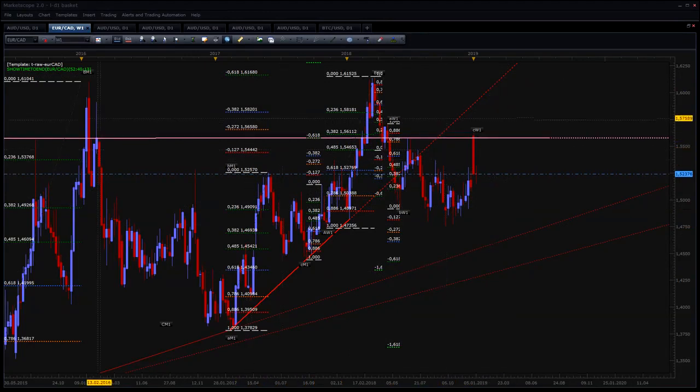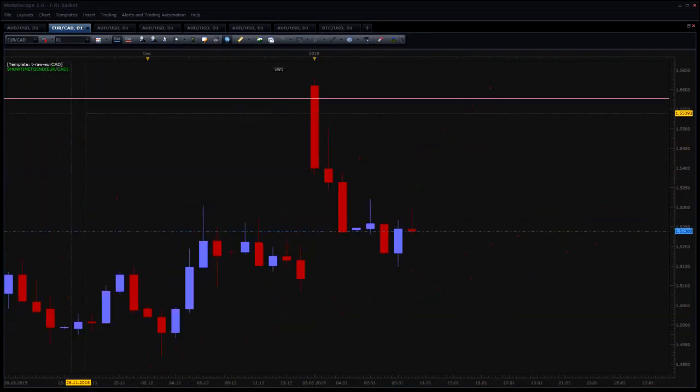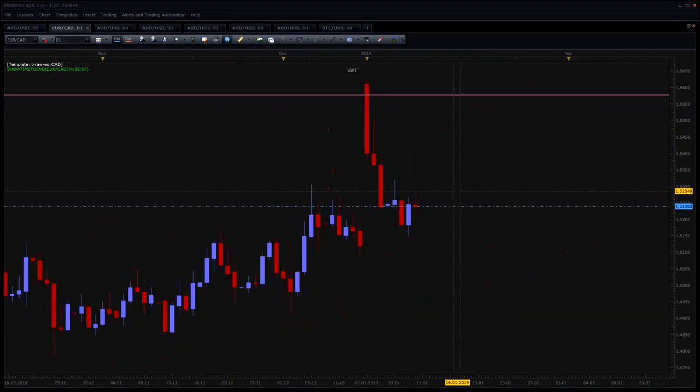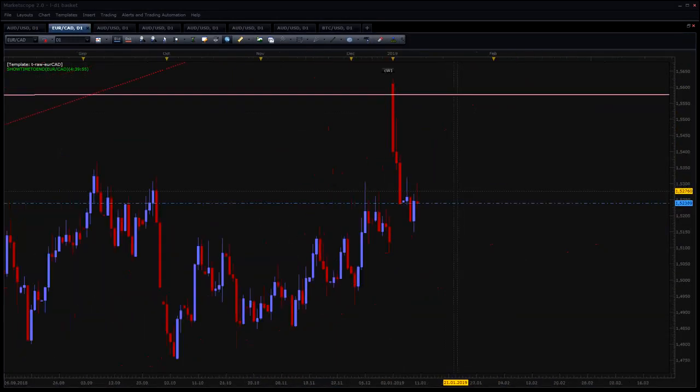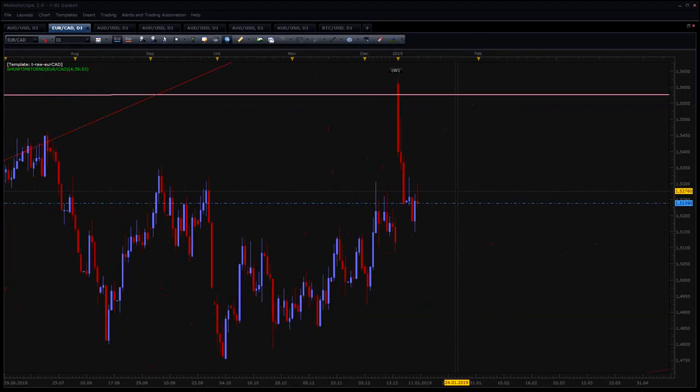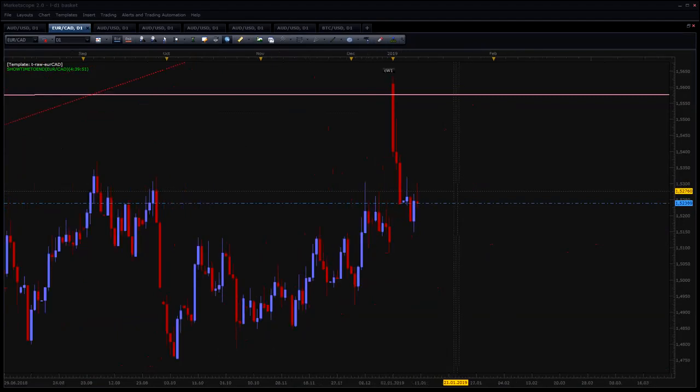There's no opportunity at the moment to trade upwards, and it's not clear if it wants to go lower. Daily, and that is that. Nothing interesting at the moment.